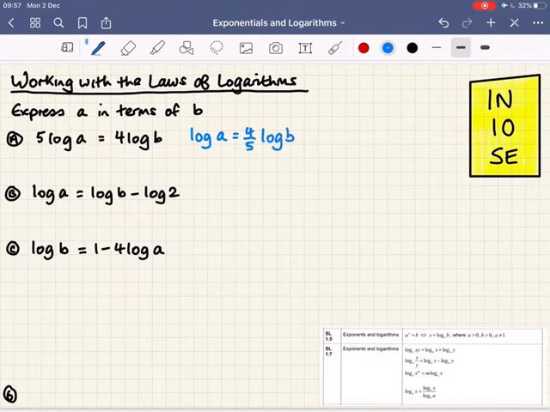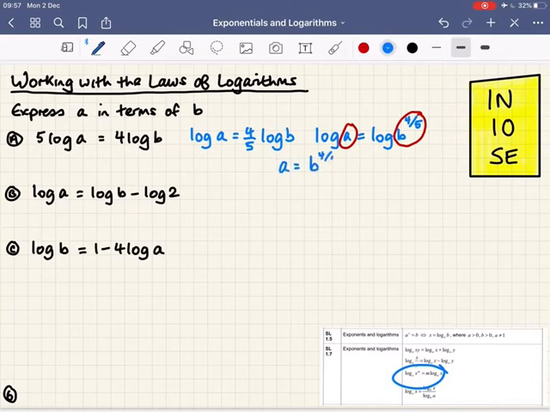And of course I can use the power rule to bring the power back up. So log of a equals log of b to the power of 4/5. So now I can equate a with b to the 4/5. That was nice and straightforward. Even though the answer looks complicated, the process was nice and easy. A equals b to the power of 4/5.